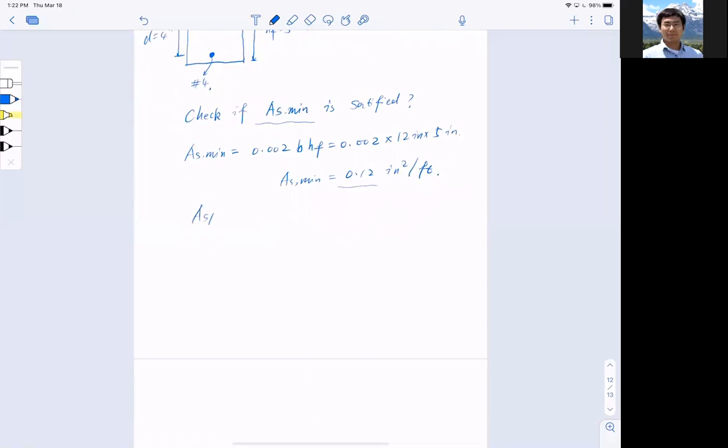And what we have provided is 0.4 inch squared per foot. It's greater than the minimum requirement, which is 0.12 inch squared per foot. So at this stage, we're okay.